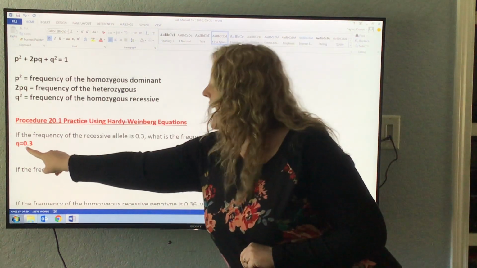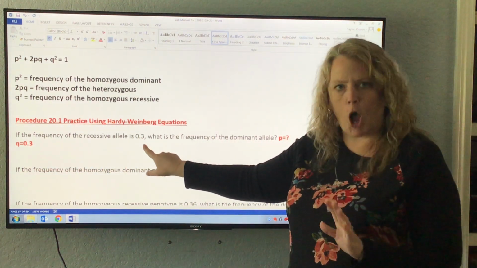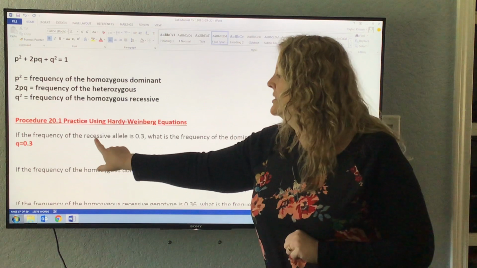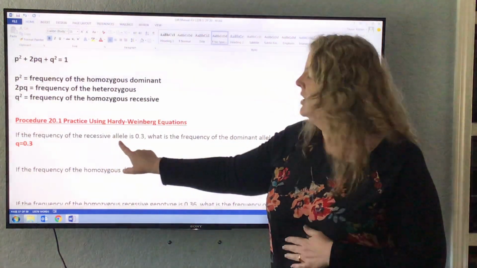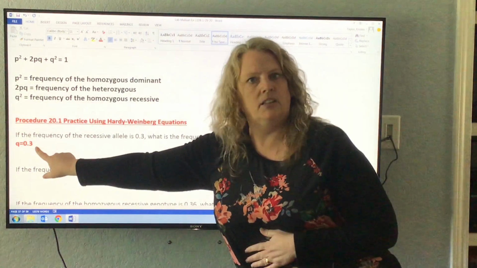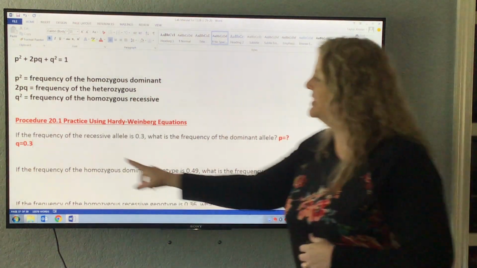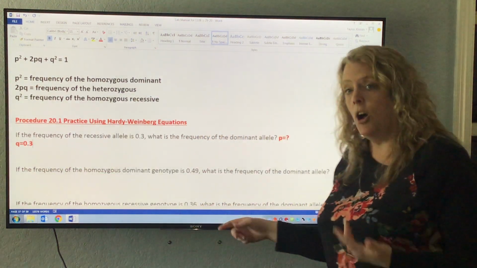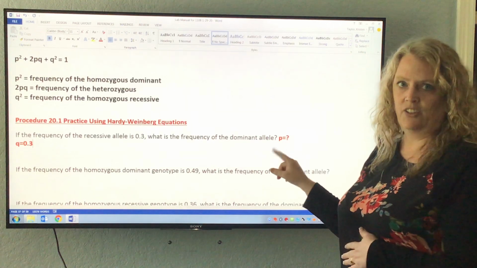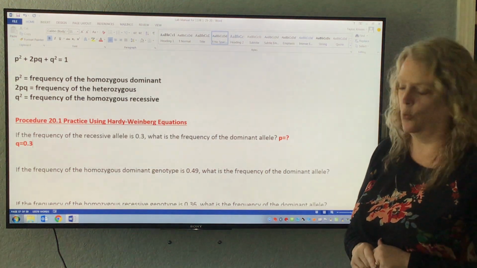Everybody understand how I got that? That's given in the problem. The frequency of the recessive allele, which is Q, is 0.3. Okay, so I have this. I want to solve for this. So I have P and I have Q.